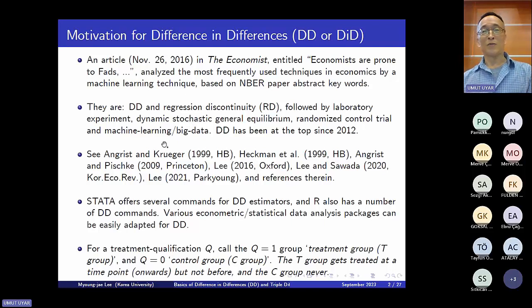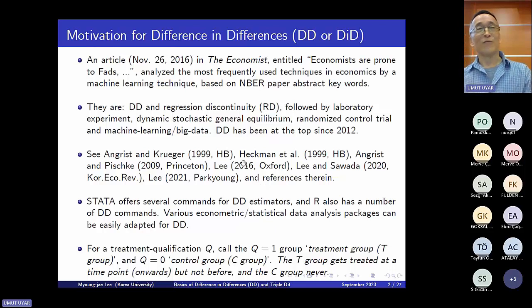They searched NBER working papers and found DD is the most popular, followed by regression discontinuity, and so on. In fact, DD has been the most widely used since 2012.